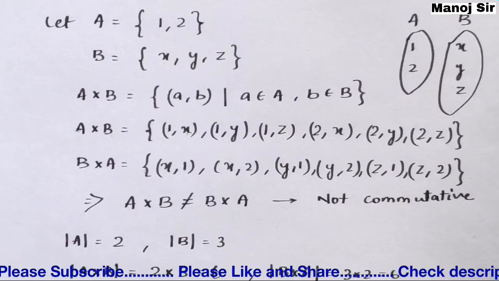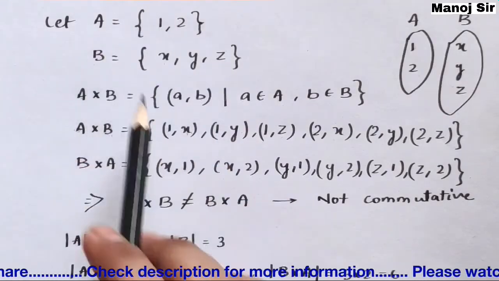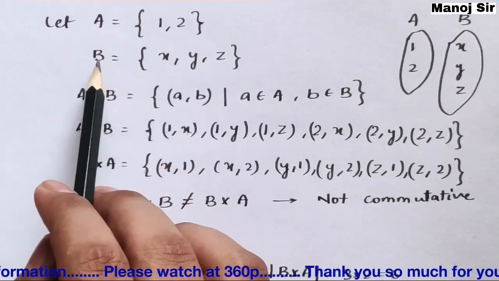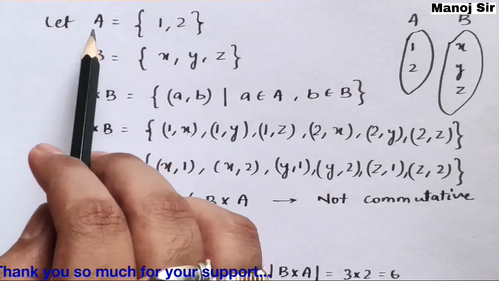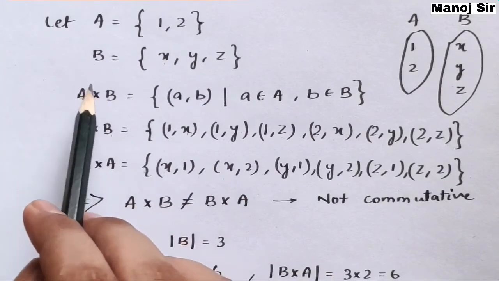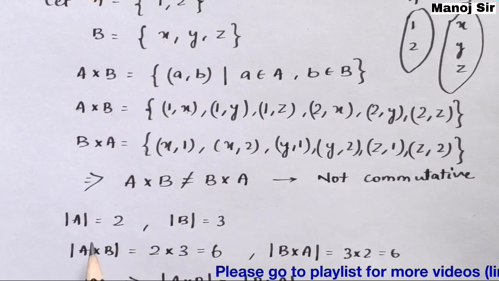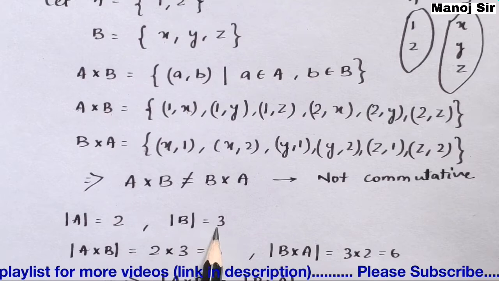Now let us say we have two sets A and B. The elements of A are 1 and 2, and the elements of B are x, y and z. So the cardinal number of set A is 2, and the cardinal number of set B is 3.